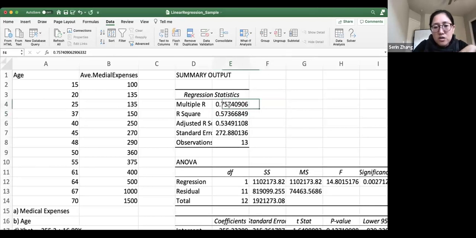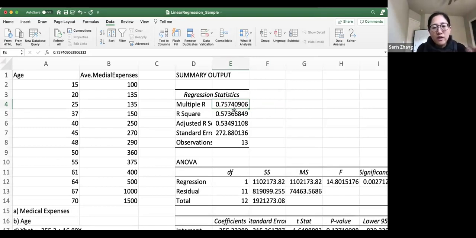So this R gives us the strength and direction of the linear relationship between these 2 variables. The absolute value is 0.7574, and the absolute value gives us the strength. I would say if it's greater than 0.7, it's somewhat strong. If it's greater than 0.8, it's strong.